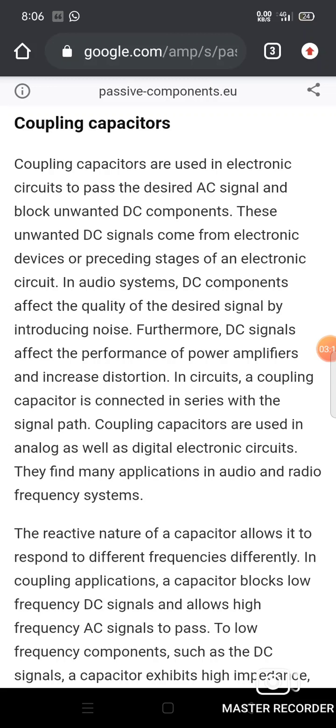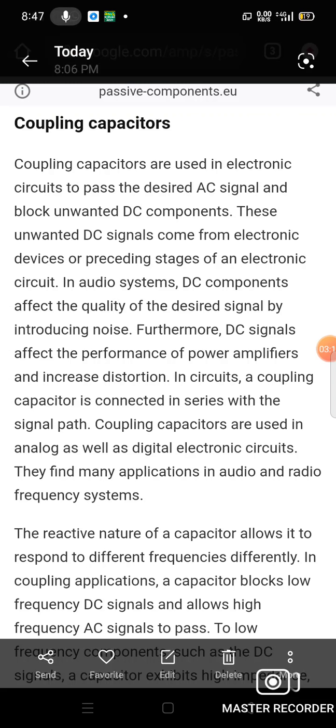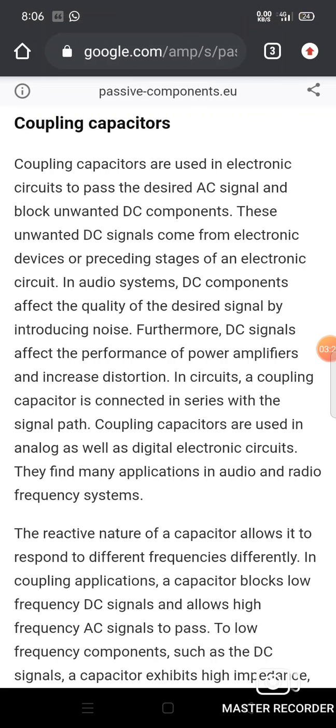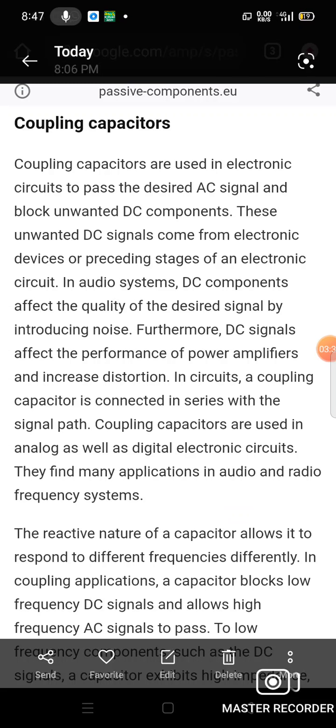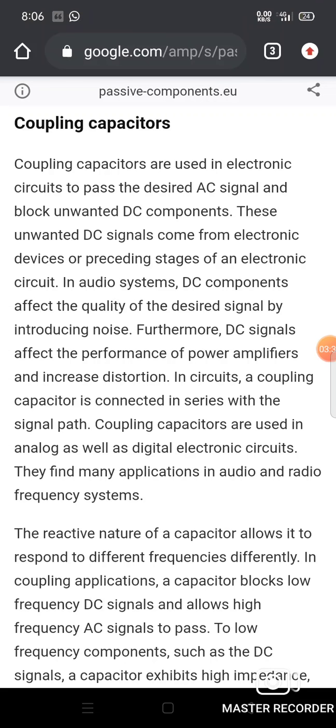So the capacitor passes the signals from one side to the other side and blocks unwanted DC components. So the coupling capacitors at the base terminal and at the collector terminal act as an open circuit to the DC components. These unwanted DC signals come from electronic devices or preceding stages of an electronic circuit.